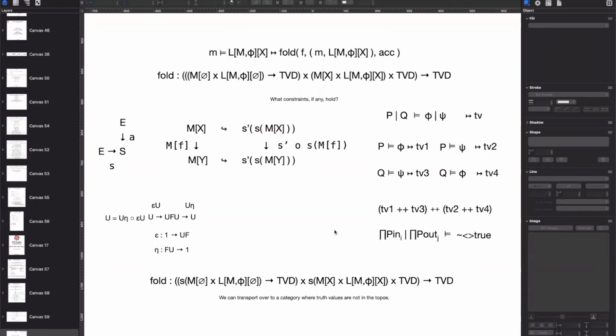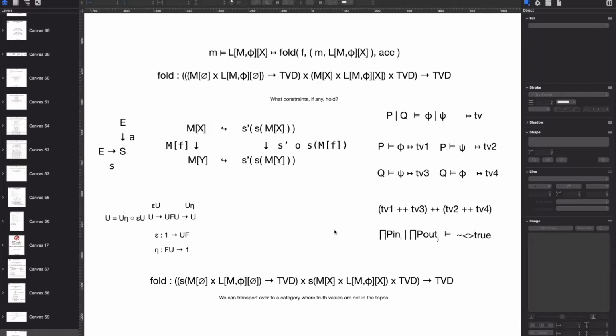One of the things that we have to be aware of is that we don't necessarily want the truth value domain to be wedded to the model domain.